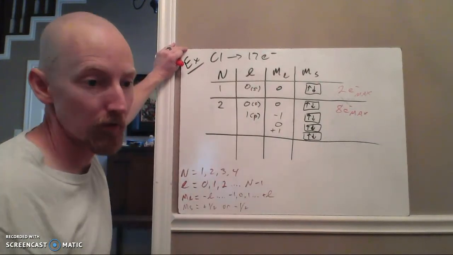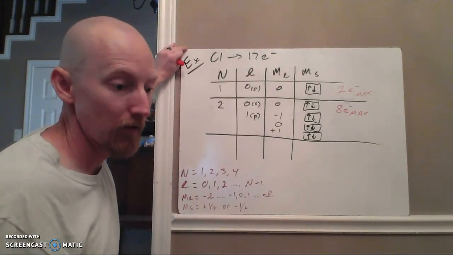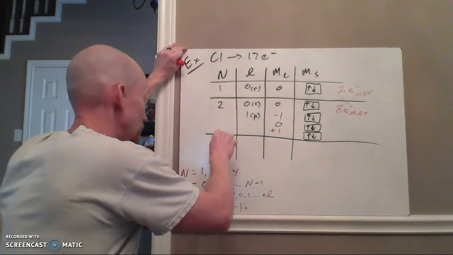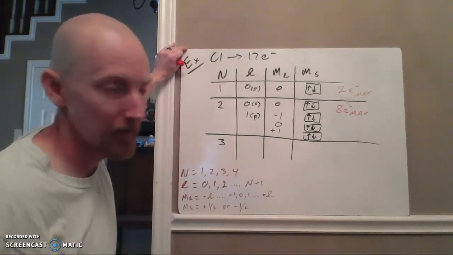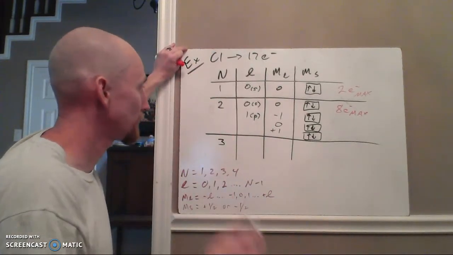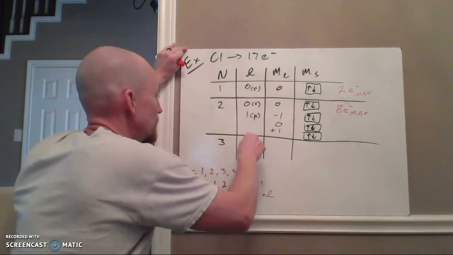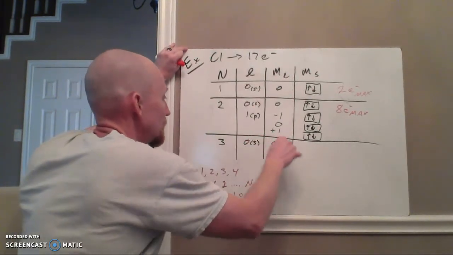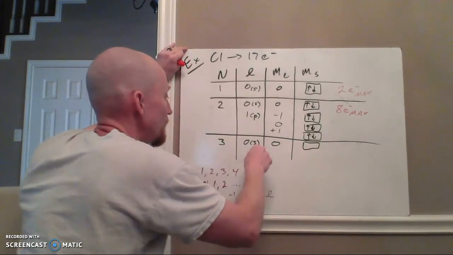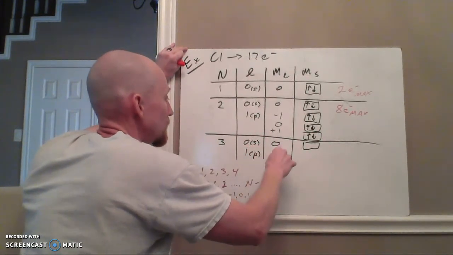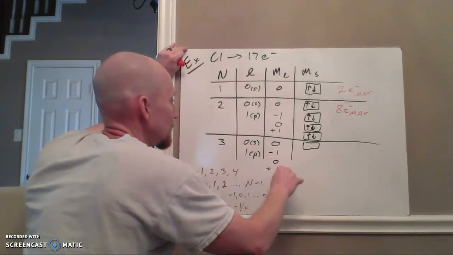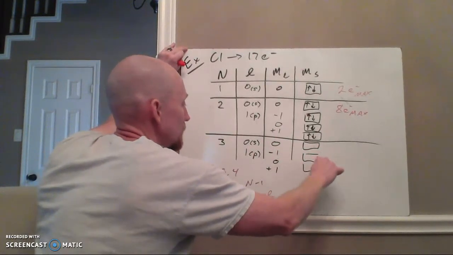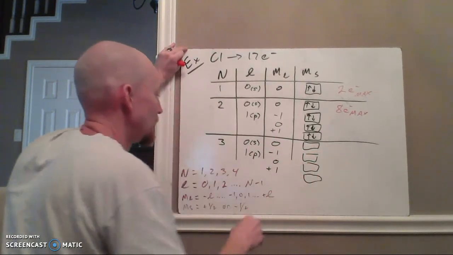We have 7 more to fill, so we have to go all the way up to the 3rd energy level. So for the 3rd, you're going to have a 0. You're going to have a 1. Just 3 more rooms.